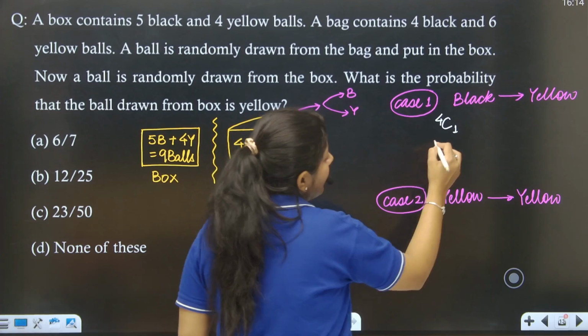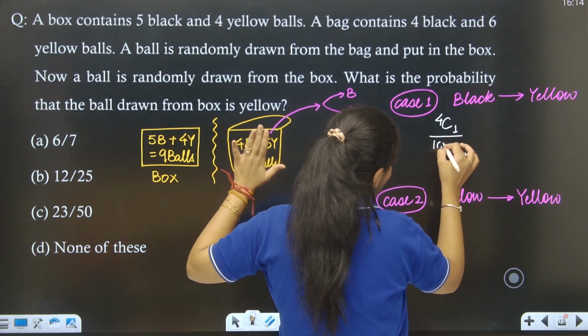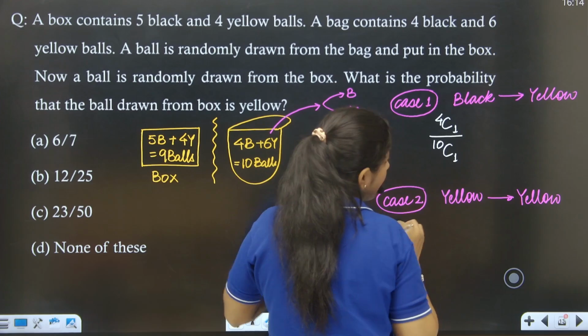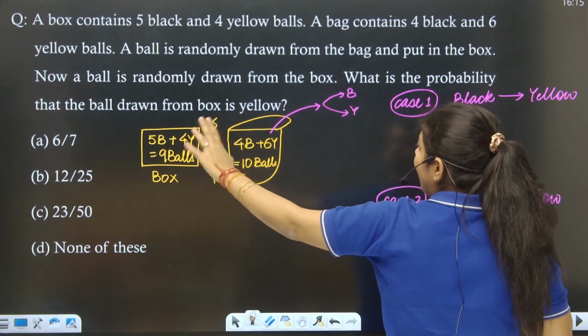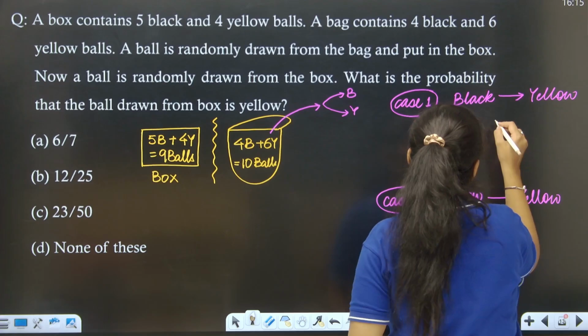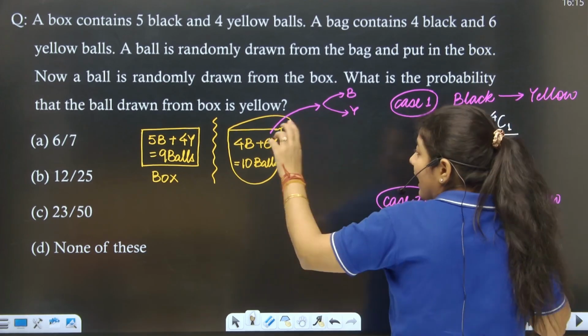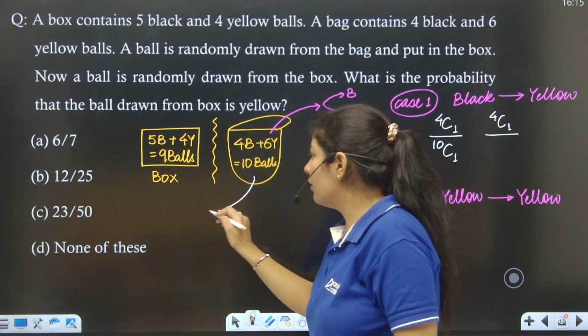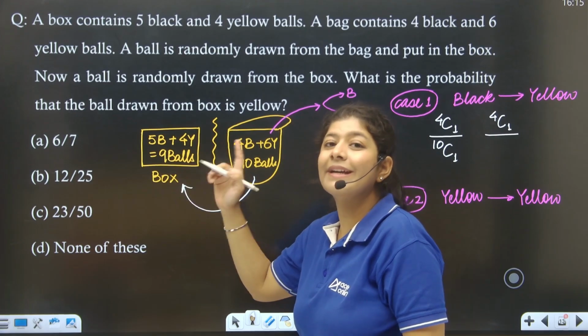Divided by how many total balls we have? 10, and we want only a single ball from it. Now we put these balls in this one, and how many yellow balls do we have? 4, and we want only one. As I'm putting one ball from here to here, how many balls do we have now? 10 balls.